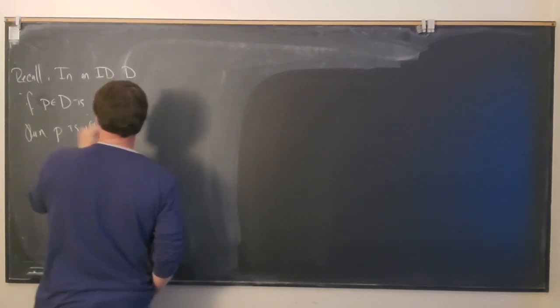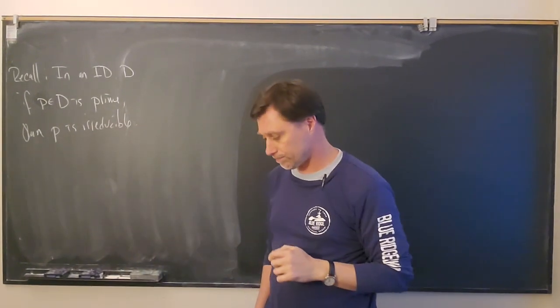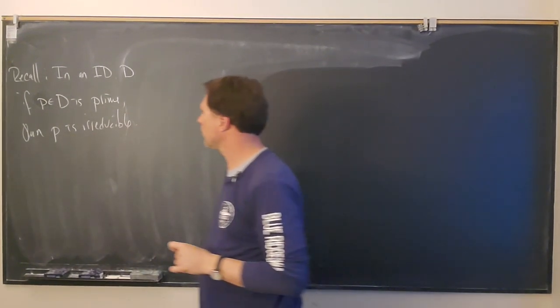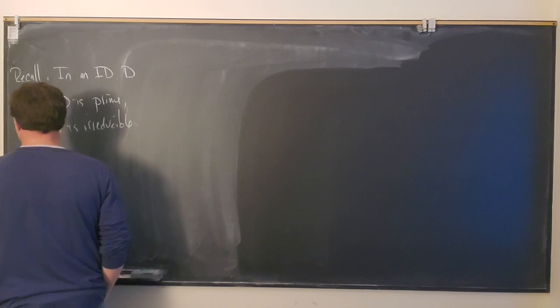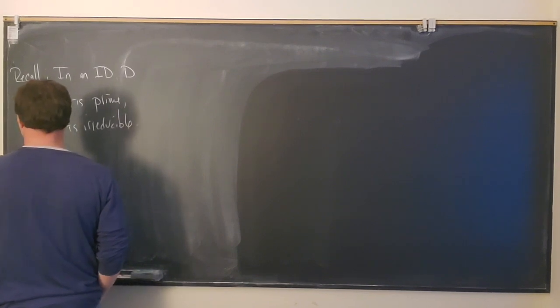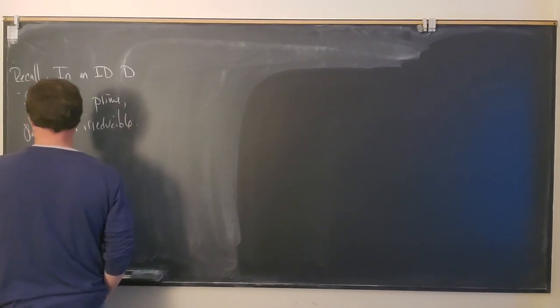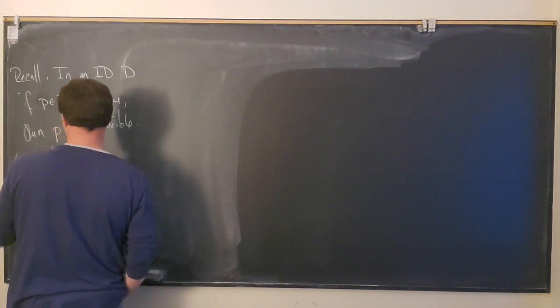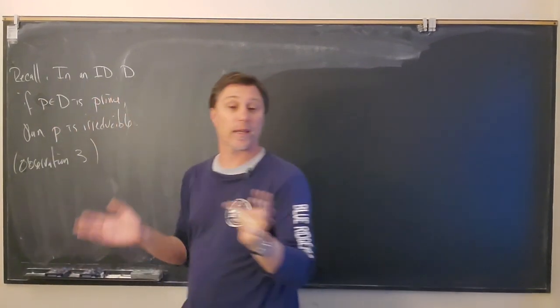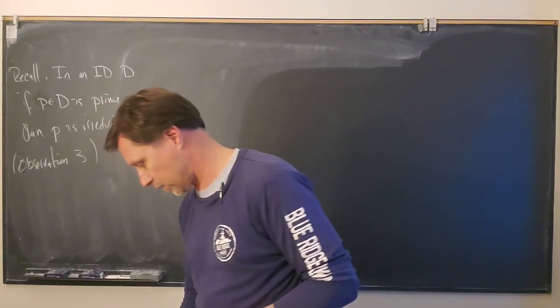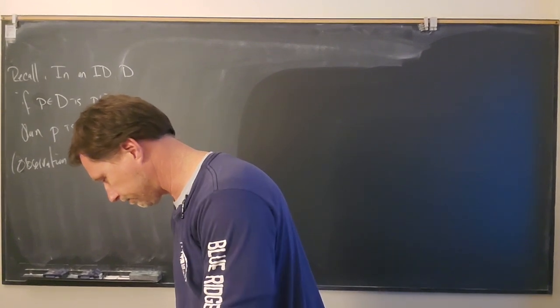So prime implies irreducibility. This was observation 3. It was about two lectures ago, so you should have this in your notes.